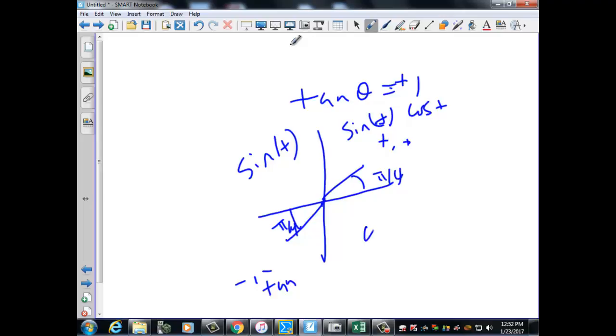And cosine is the only thing positive here. Hence the acronym, all students take classes. Everything is positive, only sine, only tangent, only cosine. All students take classes. Okay. That helps you to remember the signs on the values, that's fine. If not, use the x and y's.